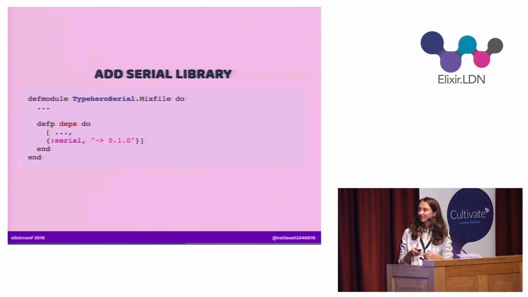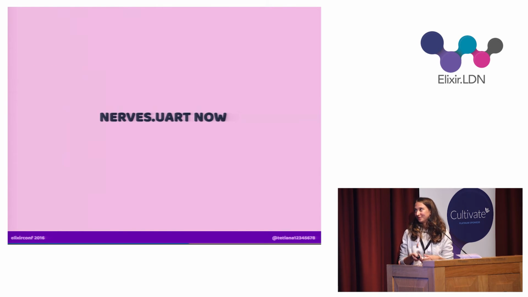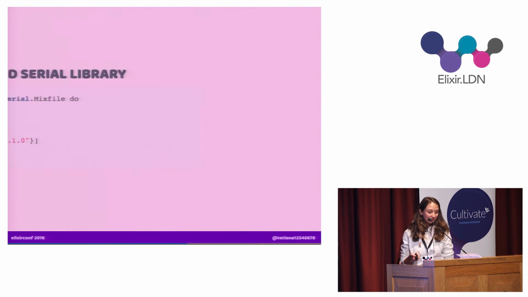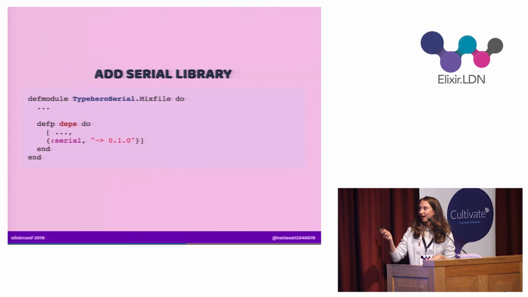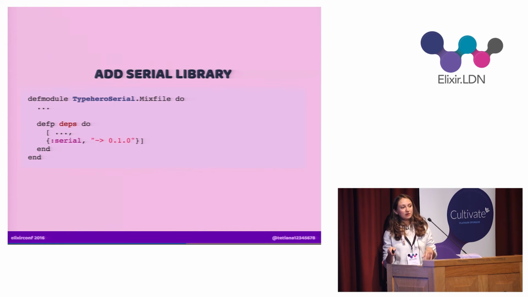When I implemented that with the serial library, it was good and working, but now it's outdated, and you have to be using Nerves UART library, but in this talk, I'm still using the serial library. And if you Google the serial library and open up the README page, it has a link to the new UART library, which is helpful. Not before the talk, but helpful in general.